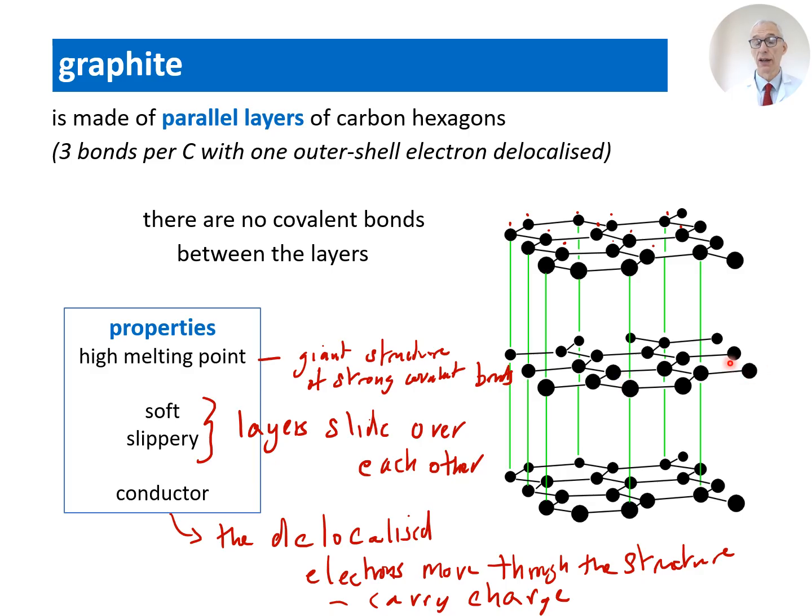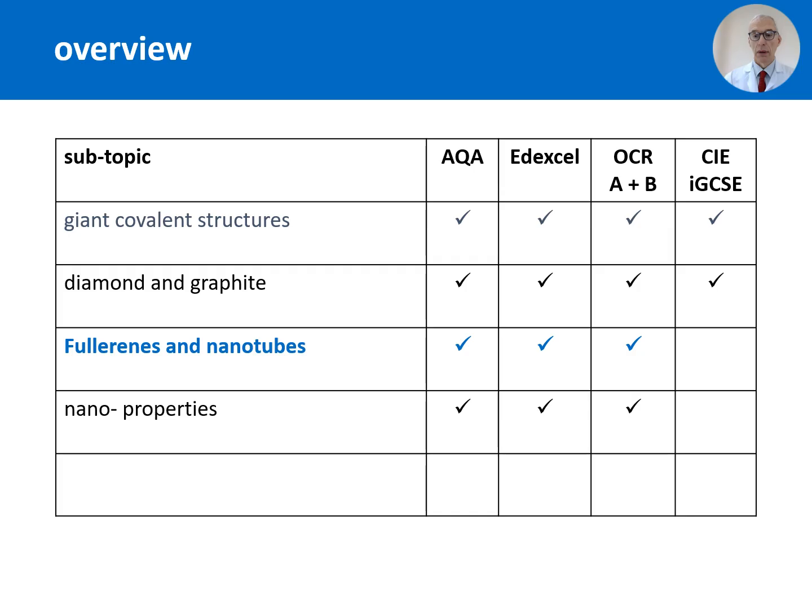So the layers of carbon hexagons can slide over each other. Why is it an electrical conductor? Well, just like metals, we've got an electron that becomes delocalized in the layer and can move throughout the structure and carry charge. Fullerenes and nanotubes.